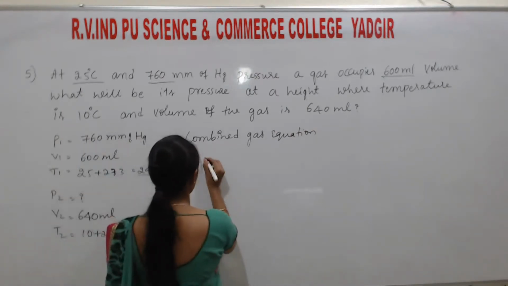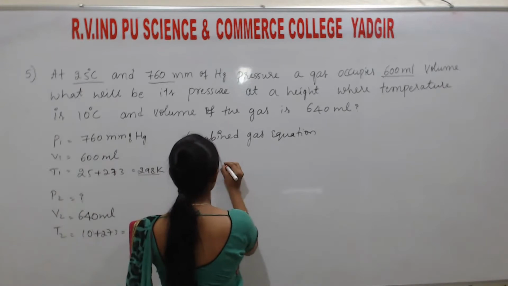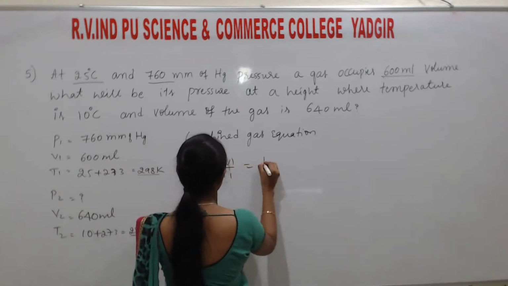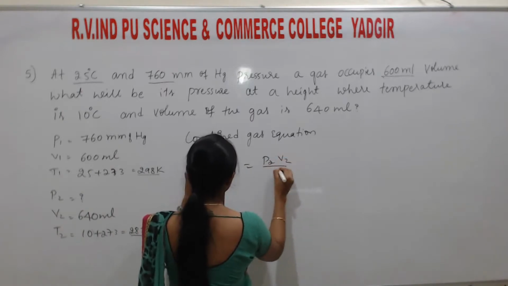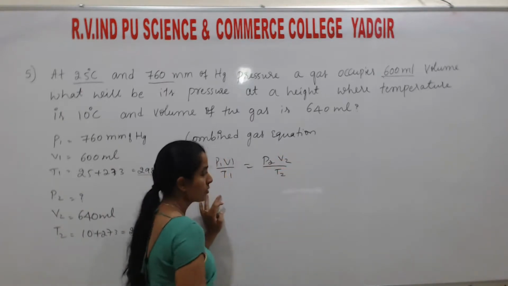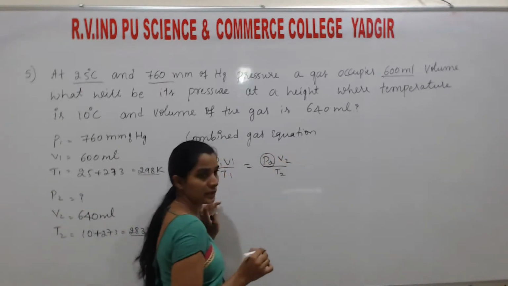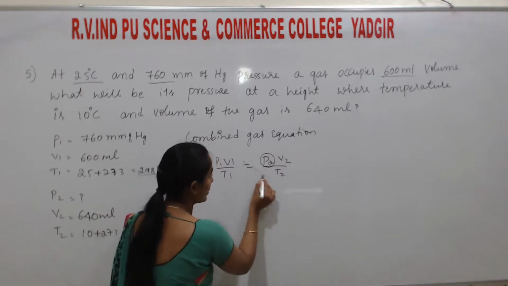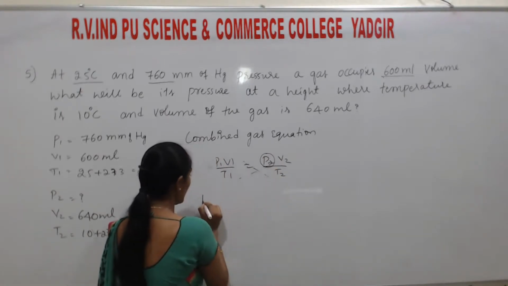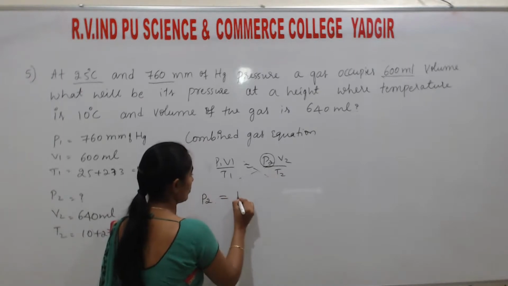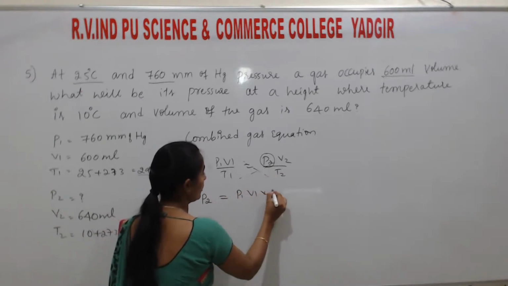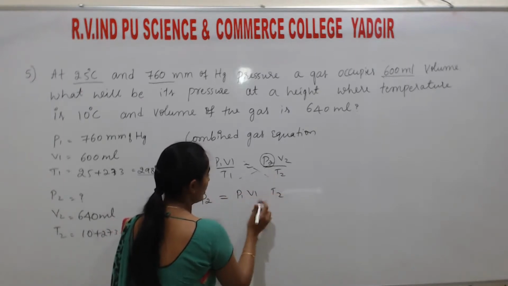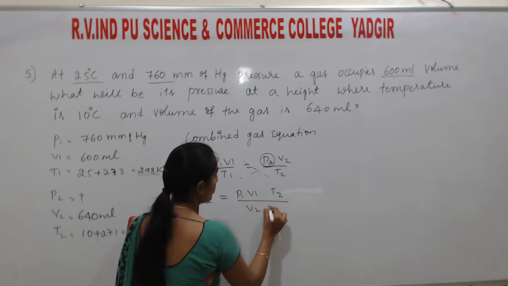Okay, so this combined gas equation: P1 V1 by T1 is equal to P2 V2 by T2. So students, you want this P2. If you cross multiply this, we get P2 is equal to P1 V1 into T2 divided by V2 T1.